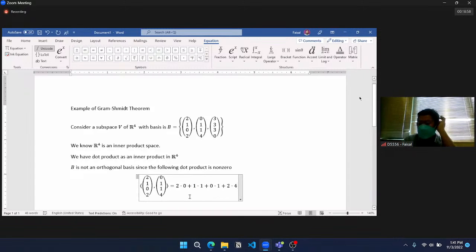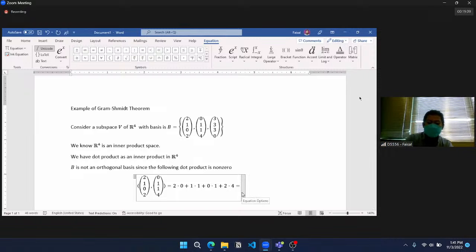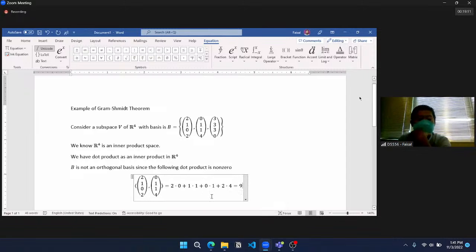This is the usual dot product, and we get 0 plus 1 plus 0 plus 8. So the dot product is equal to 9, and this is non-zero.